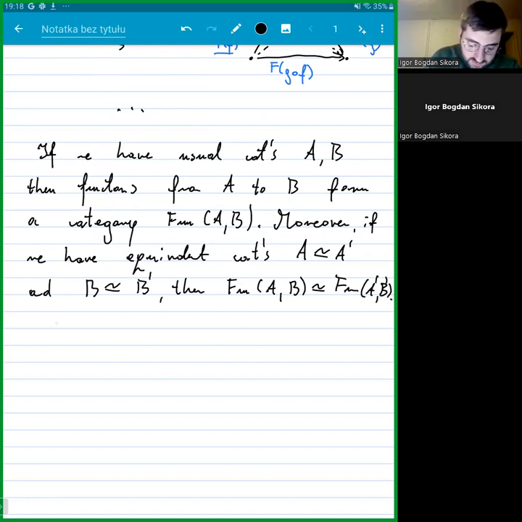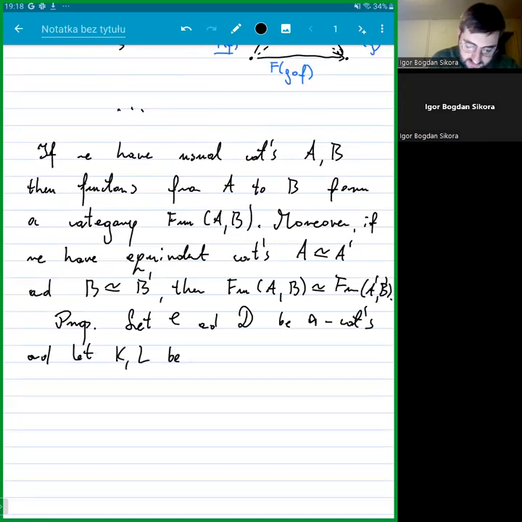So this is a proposition. Let C and D be infinity categories, and let K and L be simplicial sets.